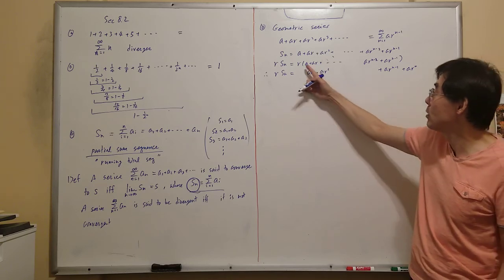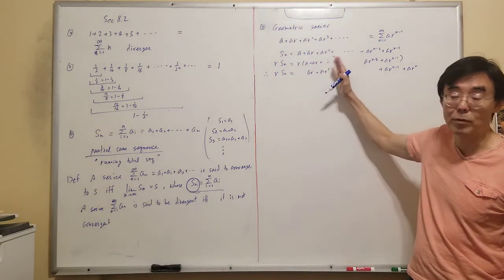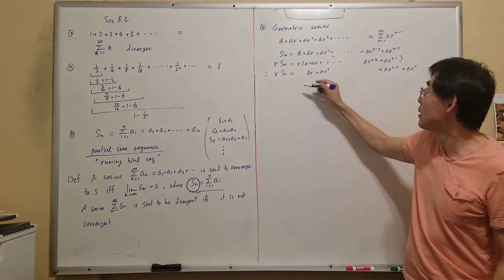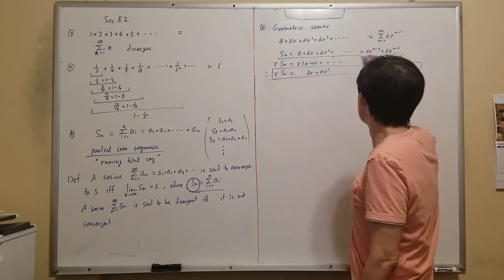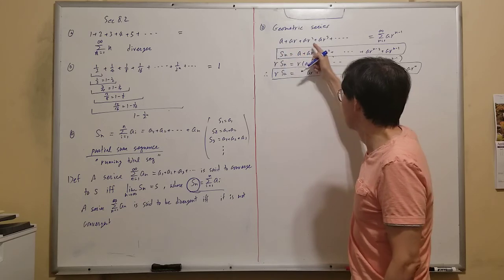I just wrote each term one column to the right, so that when you compare this with Sn, they are written column by column.